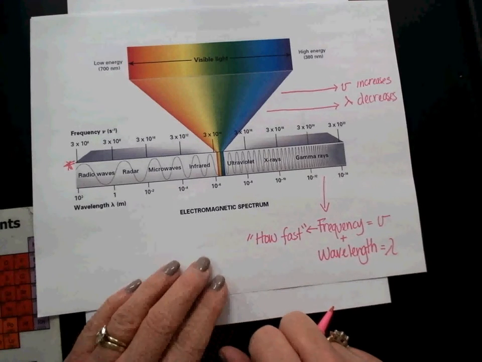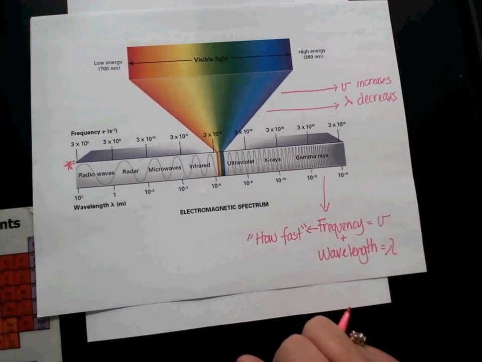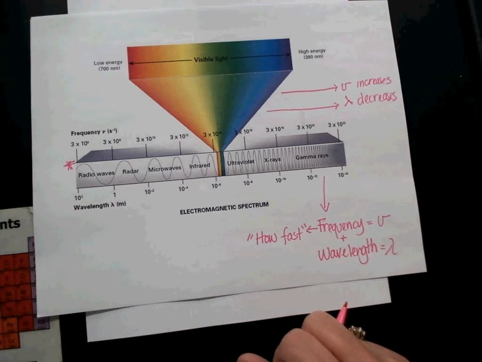Now, I pulled up, I think it was Connor's a minute ago, and I looked on your table. We have wavelength and we have frequency, right? Do we have energy on there? Okay.